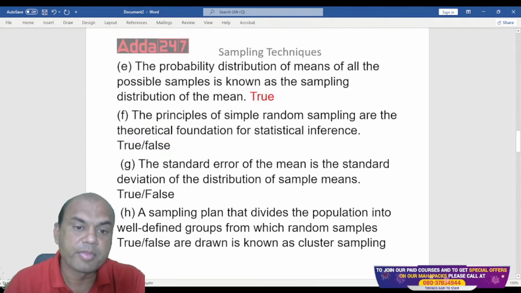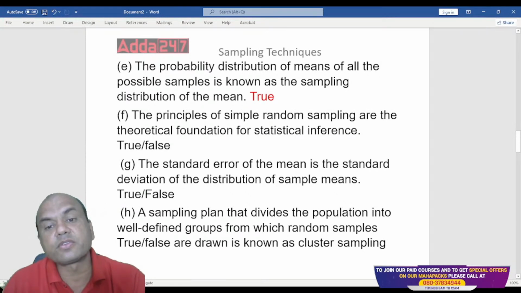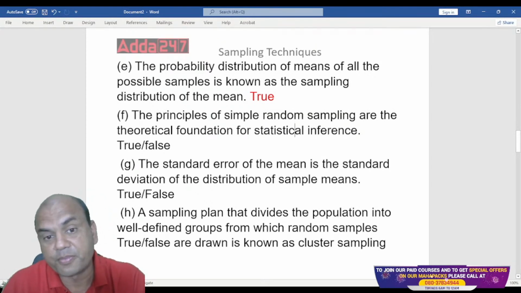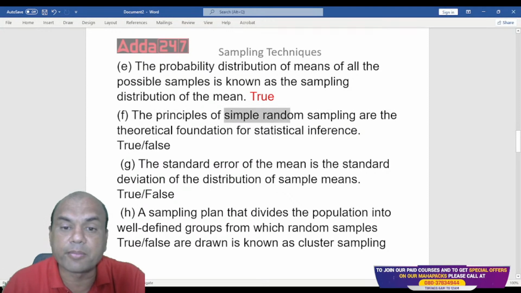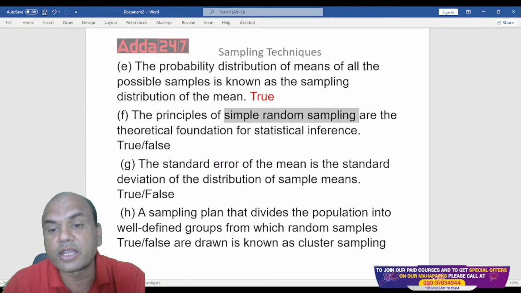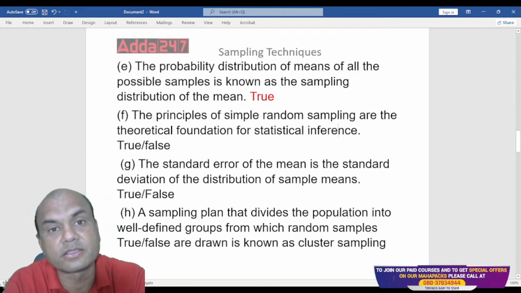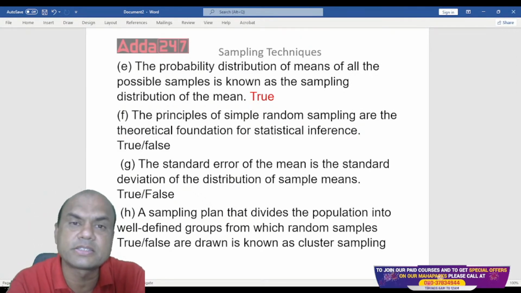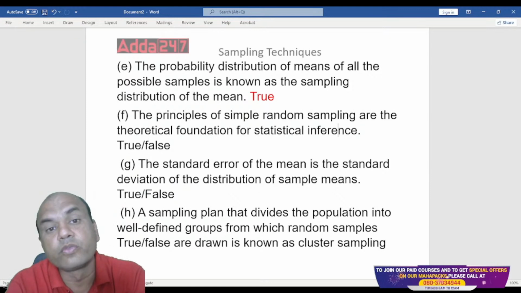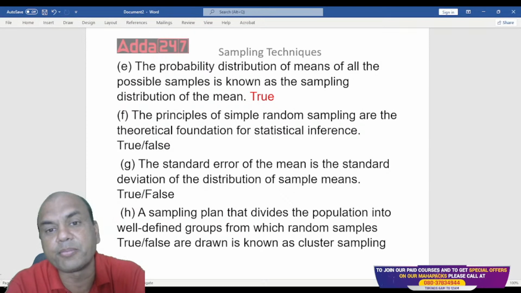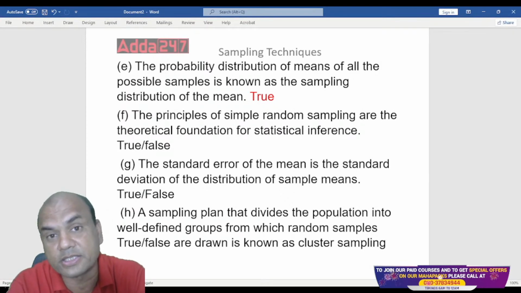Next one. The principles of simple random sampling are the theoretical foundation of the statistical inference. Just now, what did I tell you? What are the four types of sampling? One is simple random, second is systematic, third is stratified, and last one is cluster.